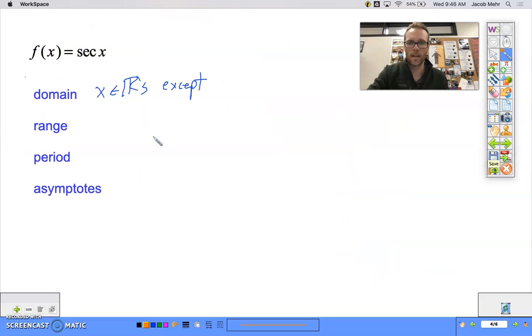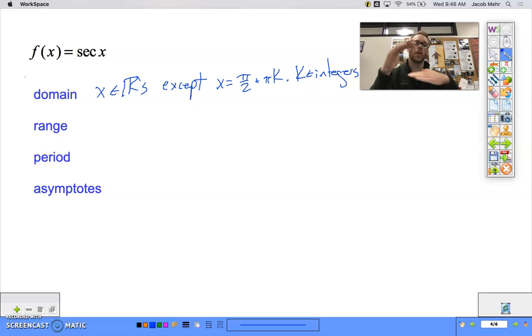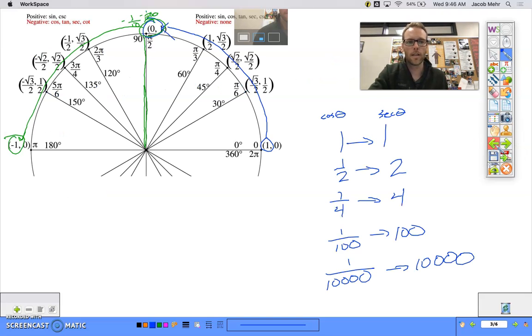So we're going to say except x equals pi over 2 plus pi k, where k is an element of the integers. How about its range? Now we know the range of cosine is -1 to 1 inclusive. How about the range of secant?